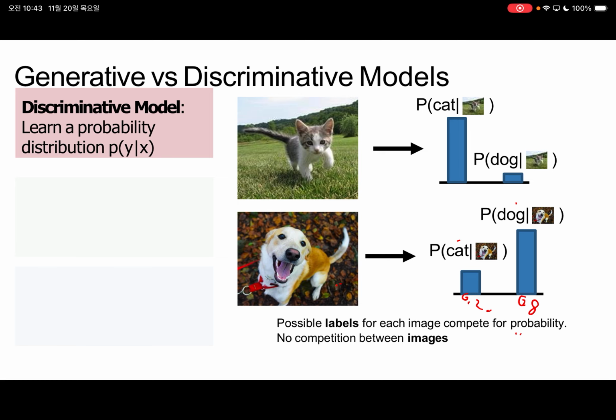If one goes high, the other goes low. They are fighting each other in the class label space, but there is no competition between images. Given the same image, the probability of this image belonging to the cat class and dog class should sum to 1, so there is a competition in label space. That is the discriminative approach.